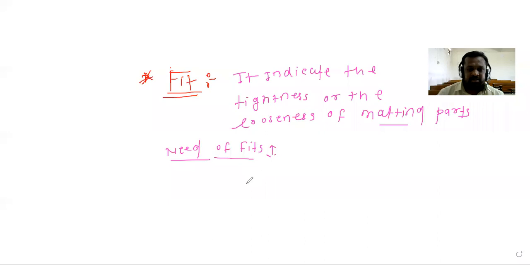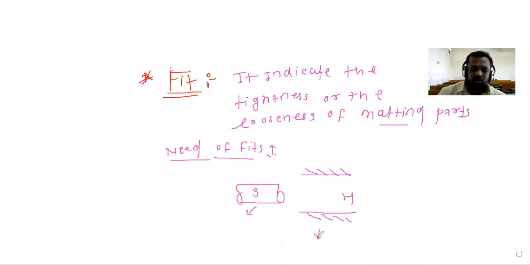Suppose this is the shaft, and suppose this is the hole. Suppose we have to fit that shaft into this hole. We have manufactured this shaft and this hole, and we have not decided the fit, then what will happen?